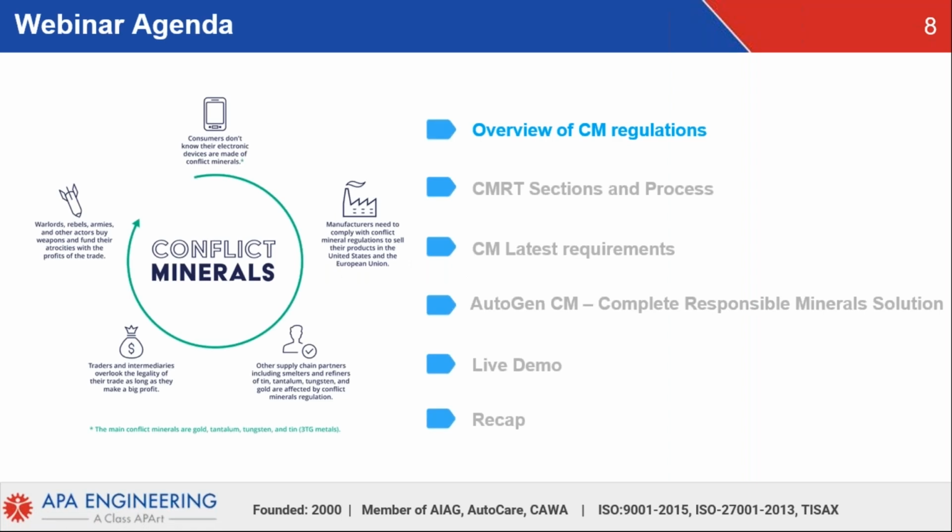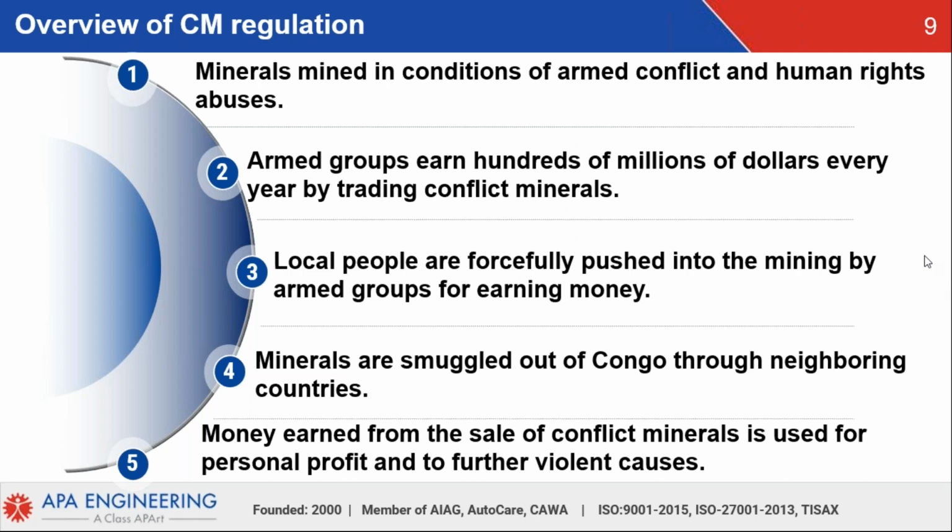The first topic is overview about conflict mineral regulation. Just to give a quick overview about why this conflict minerals regulation was issued. There are minerals mined in the conditions of armed conflict and the human rights abuses.